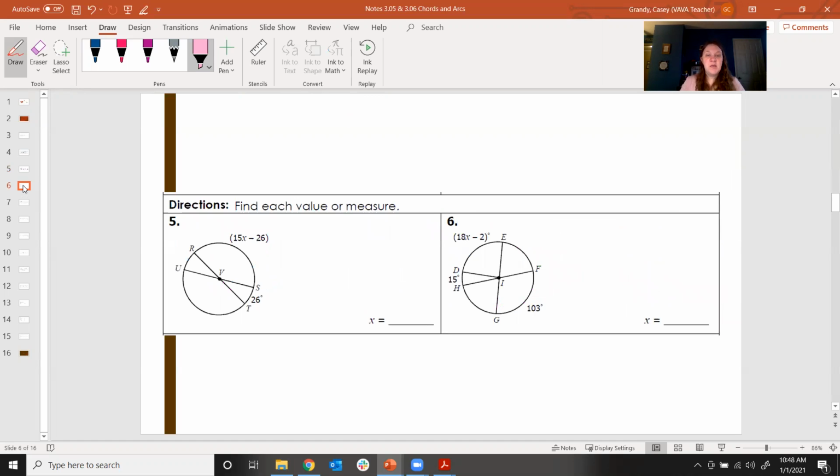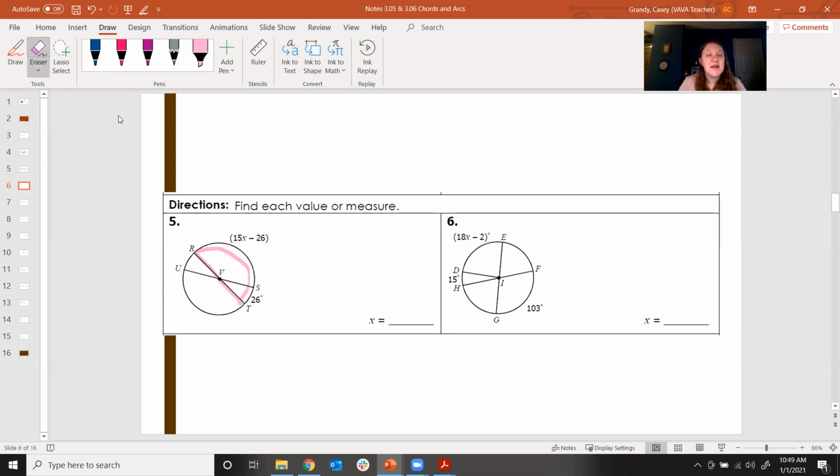Okay. So now let's practice using those central angles and what we know about semicircles to find some values. So in this one, it's telling me that arc RS is 15x minus 26, and arc ST is 26. And I recognize RT as a diameter, which means that RST is a semicircle.